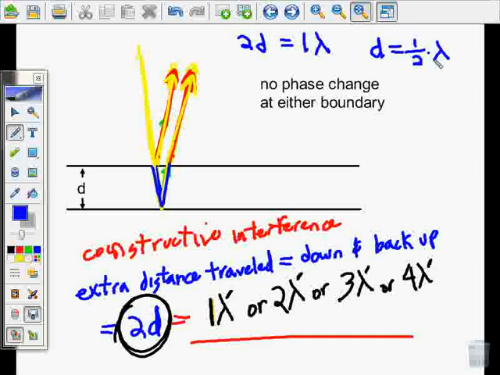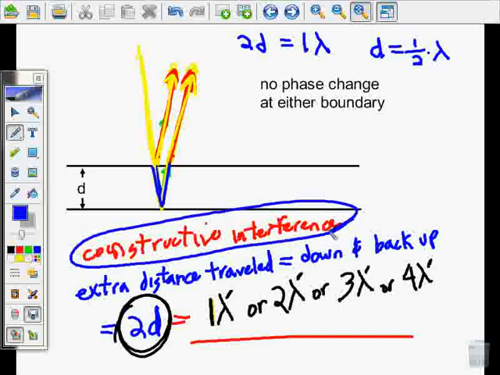So that there will give us constructive interference. The next case. What if the extra distance, 2 times d, is equal to 2 wavelengths? And I should put primes on these because it's the wavelength in that second material. Then, what does the thickness have to be?